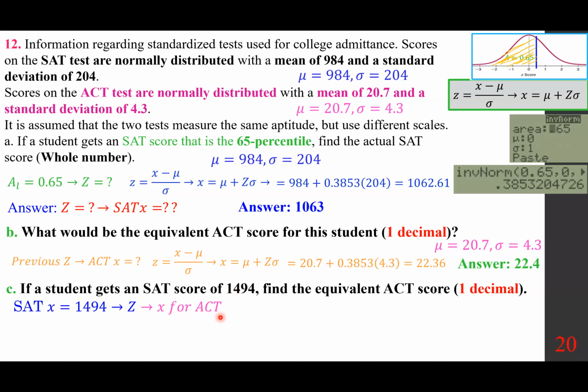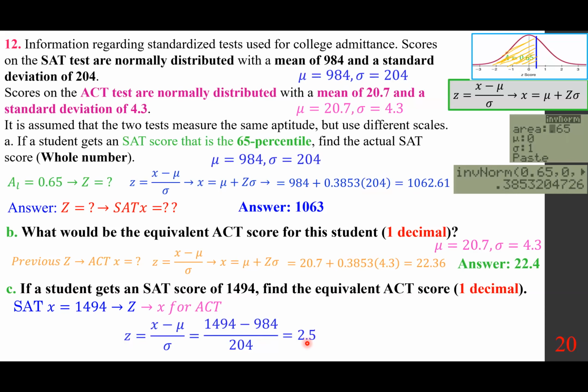So Z is X minus mu over sigma. X is 1494 minus mu 984 over sigma 204. So SAT score of 1494 corresponds to the Z score of 2.5.